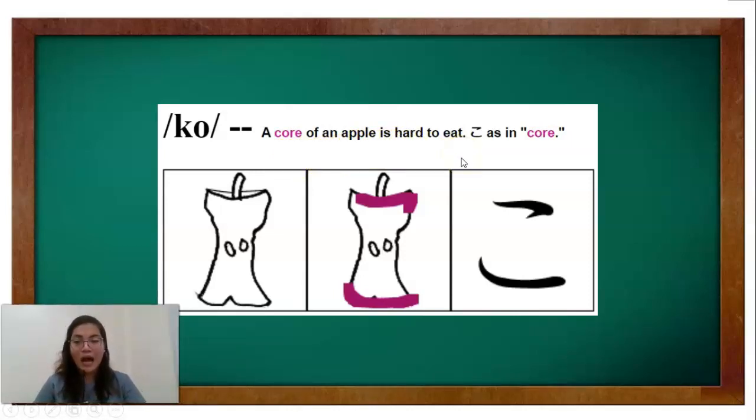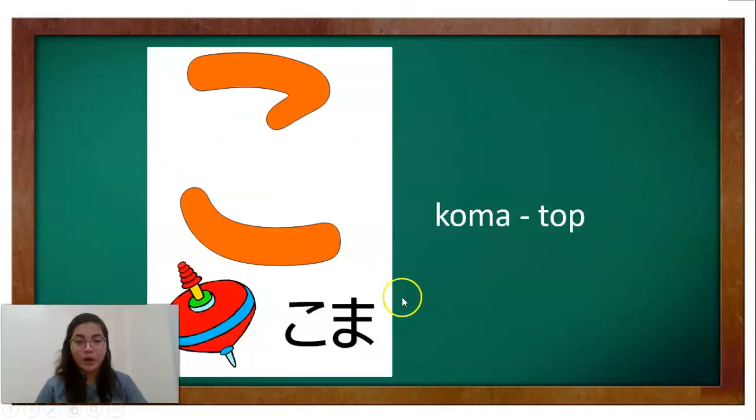So Ko as in core. Okay, here's an example word that starts with Ko. Koma. Koma means spinning top. Okay, and that's the end of our K row.